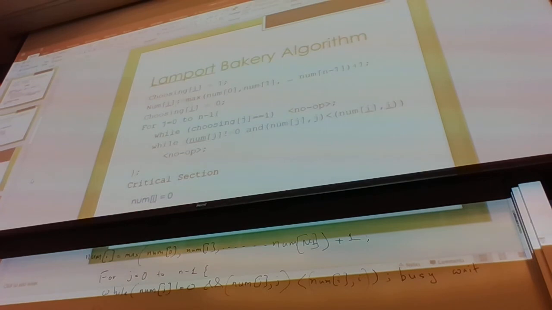If process 2's num is 2, then it will try to execute this while condition. It will see that num 1 is not 0 and num 1 is less than my num, because num 1 was 1 and num 2 is 2. So it will wait for num 1.